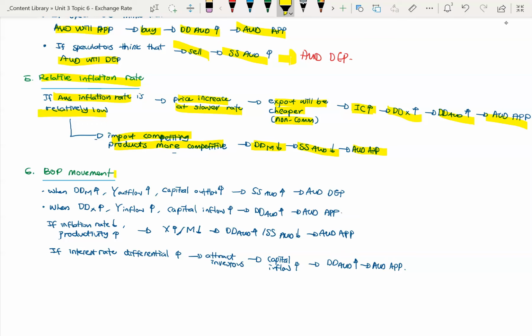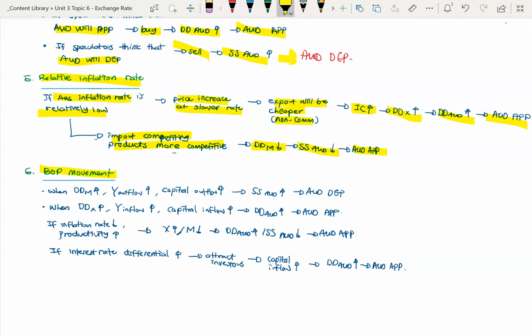Okay, number 6, BOP movement, balance of payment movement. This one I've actually covered in chapter 4, when we see how exchange rate movement affects the relationship between CAD and KAS. The first link between CAD and KAS was this one.